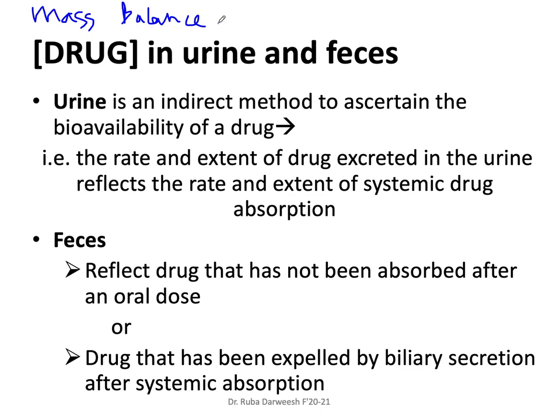You measured what is in systemic circulation and you want to know what is happening in other parts of the body. The urine is important in bioavailability studies, and we will see that in the bioavailability chapter.